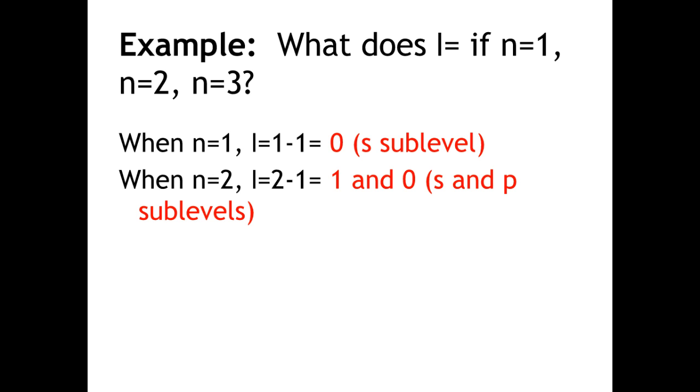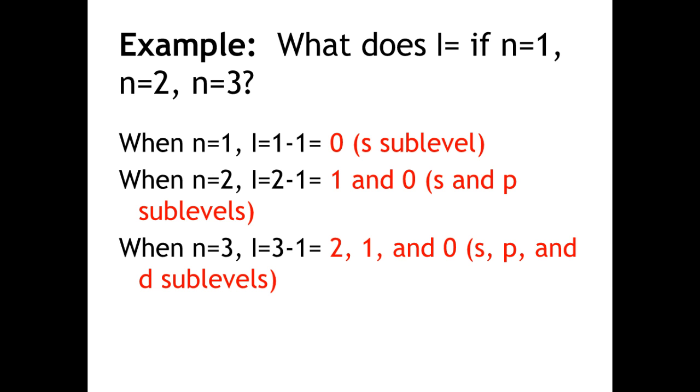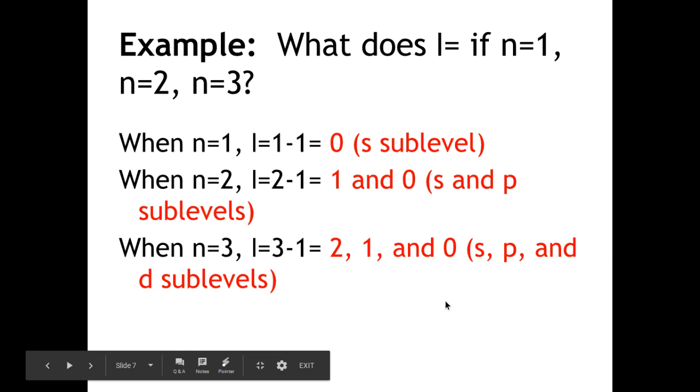So you'll have the s and p sublevels. Just like when you make your electron configuration, you have to include what you've already used, which in this case would be the s sublevel, and now the p sublevel. Let's keep going. Here's 3. You'll take 3 minus 1, which will leave you 2, 1, and 0, which corresponds with s is 0, p is 1, and d is 2 sublevels.